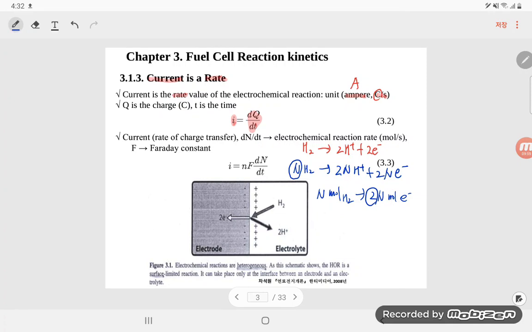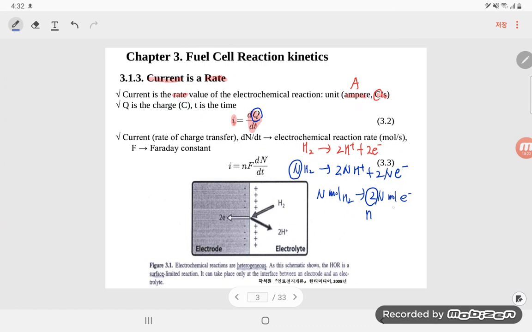This is the number of electrons, so we use the small n, right? So if you insert this value in Q, then we can get the current from it.